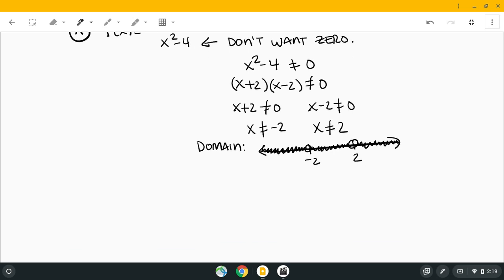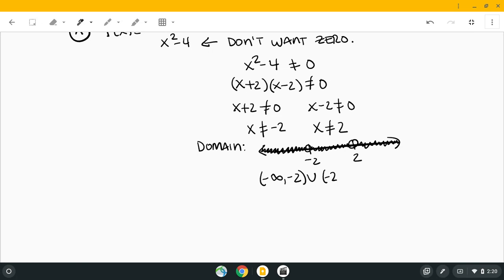So the way we write this, we're going to go ahead and use interval notation. And so we'll do one for this first area, and then we'll do an interval notation for this middle area, and we'll do an interval notation for this third area. So the way we write that is negative infinity to negative 2, but we don't want to include the negative 2, so we use parentheses. Okay, and then we use the union symbol.